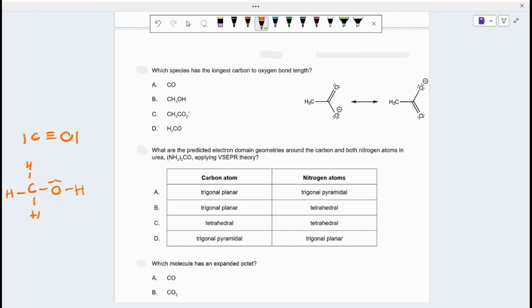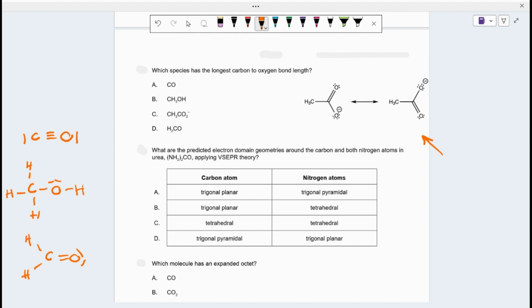What else? We have C, which I have put a diagram of here because it has a resonance structure. Again, if you've done organic, then it's quite easy to spot the resonance structures. And D, carbon, 2 hydrogens, and an oxygen with 2 lone pairs.